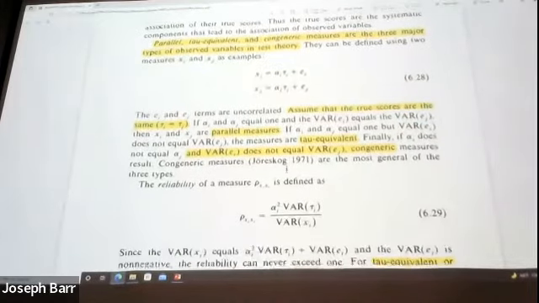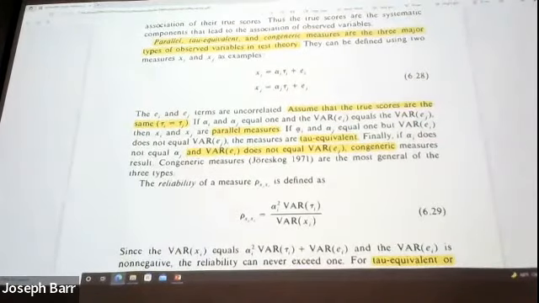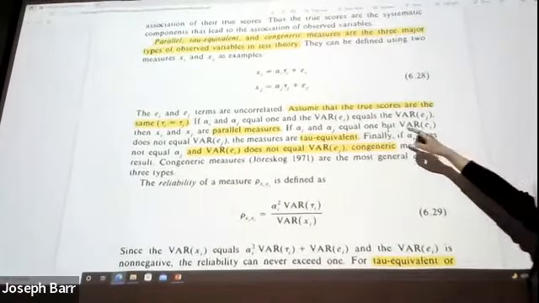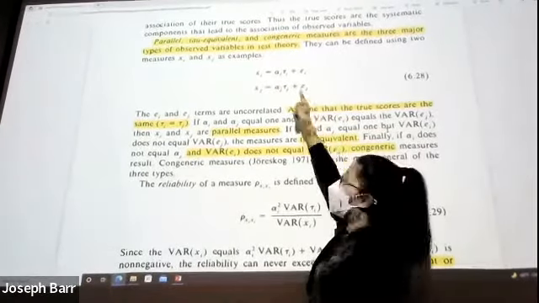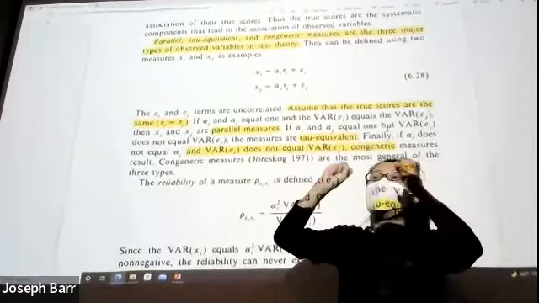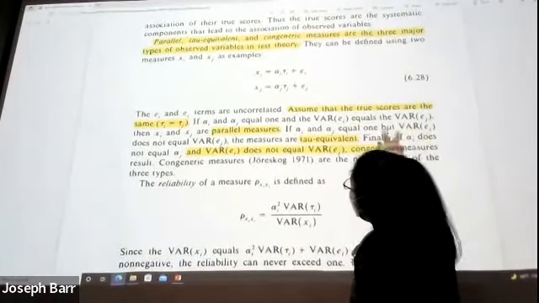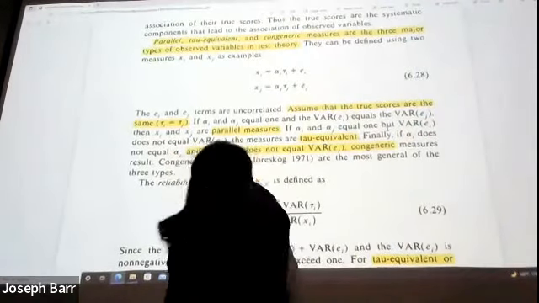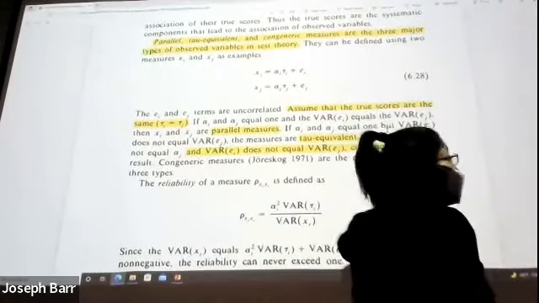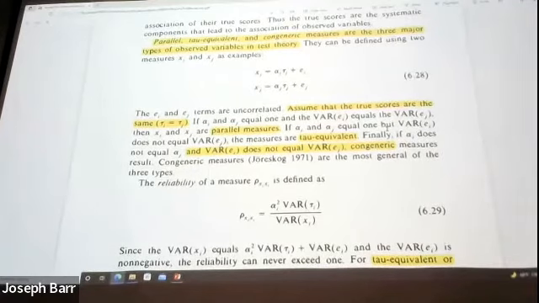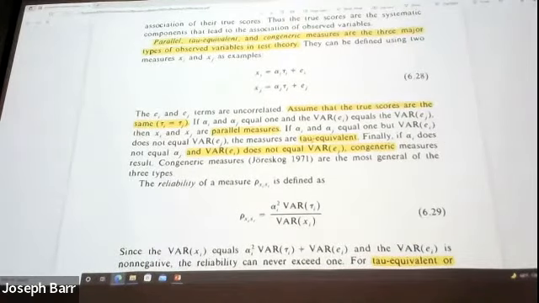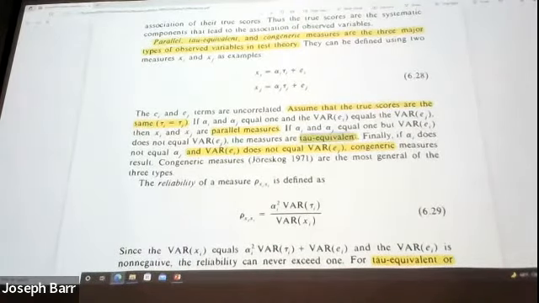Let's relax the assumption a little bit. Alpha I and alpha J still equal 1, but the variance of EI and variance of EJ are different. We can relax the measurement part. The variance of EI and EJ are not equal to each other. Then those measures are called tau equivalent. Why is it called tau equivalent?